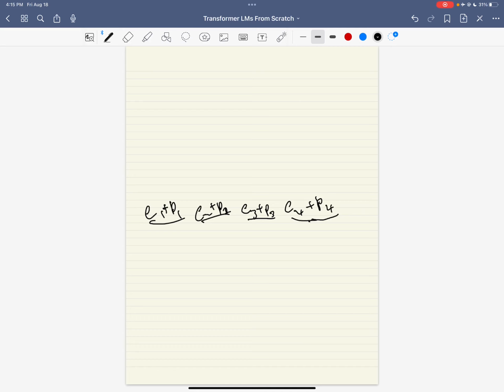So now we're not only telling it, hey, the first word is "the", we're also telling it that it's at position 1. Or the second word is, I don't know, "dog", and it's at position 2. And so these are called absolute position embeddings.